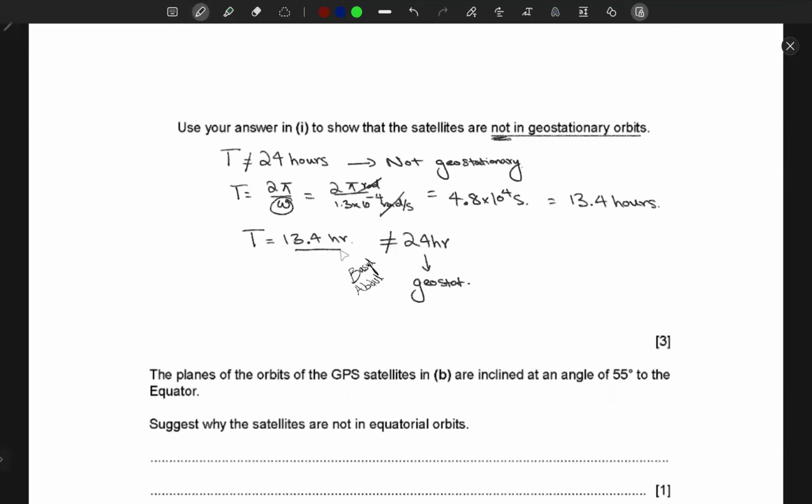So this is not equal to 24 hours, hence it is not geostationary. So that's the answer to this thing. Is that clear for everyone? I cannot hear you. Is this clear? Yes, sir. Okay. Amazing, great.